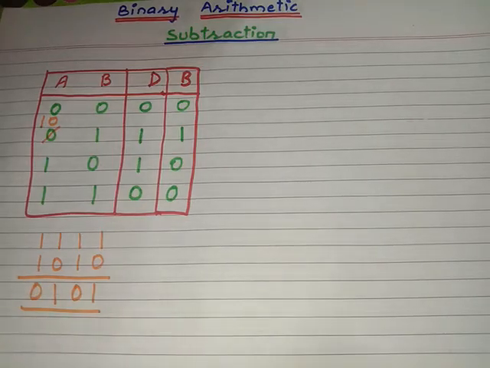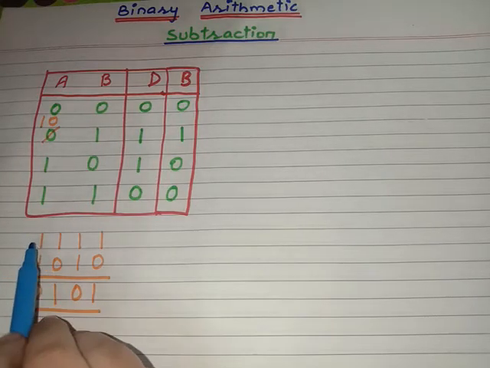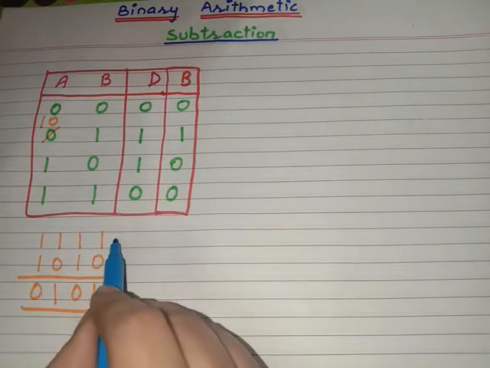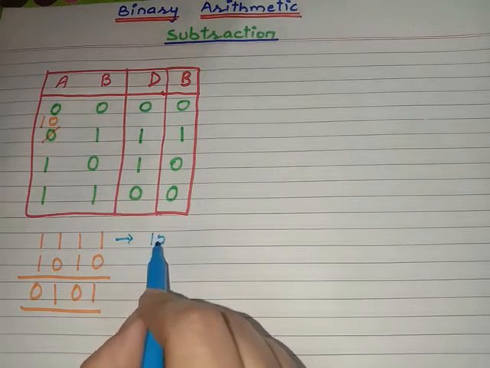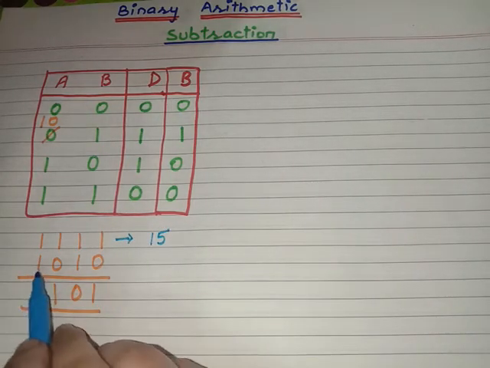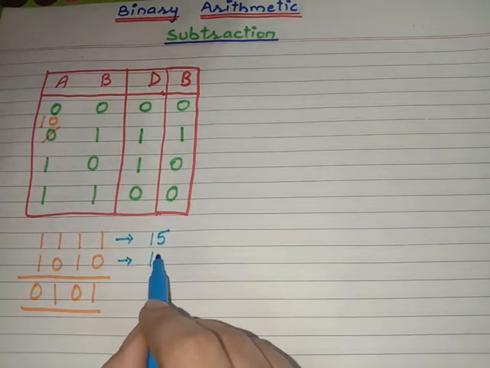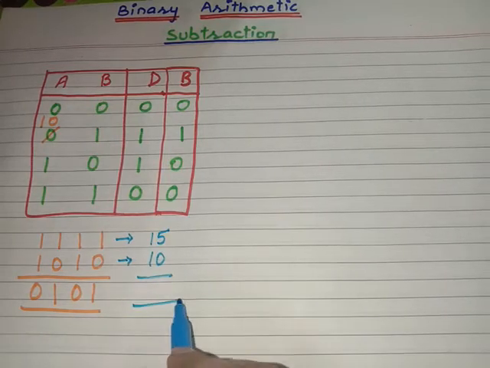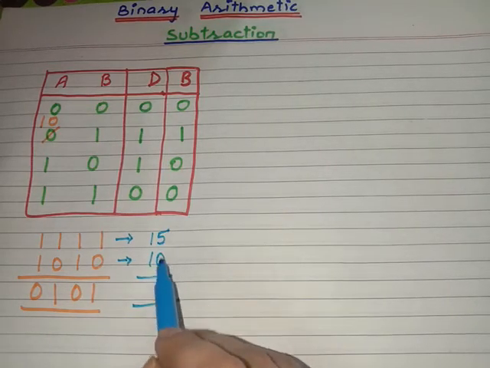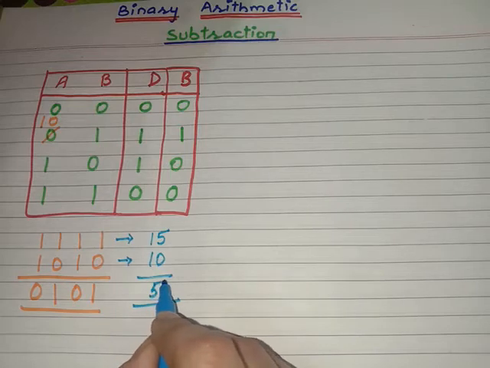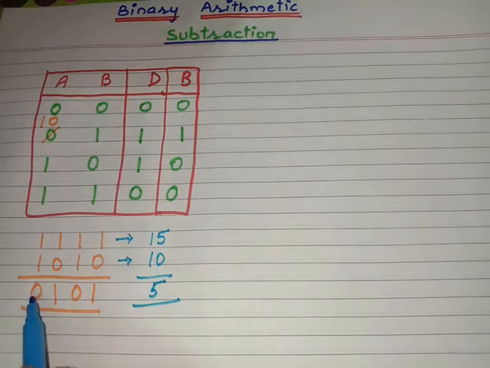This is the result. You can also recheck the result. 1111 is nothing but 15 in decimal. 1010 is 10. So when we subtract these two numbers, 15 minus 10 is definitely 5. Now you can check this 0101.